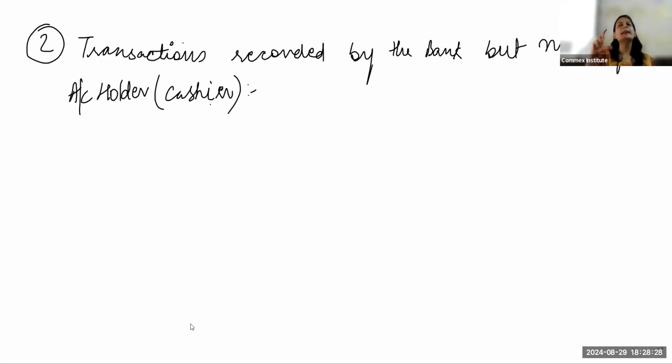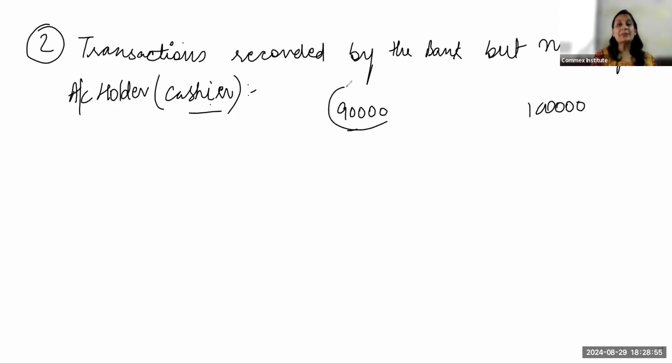I give standing instructions to my banker that on the first of every month, you pay the electricity company 10,000 on my behalf, by check or a direct online transfer. So what will happen? My banker will say after making the payment that your bank account is showing a balance of 90,000. My cashier says, no, it is 1 lakh.